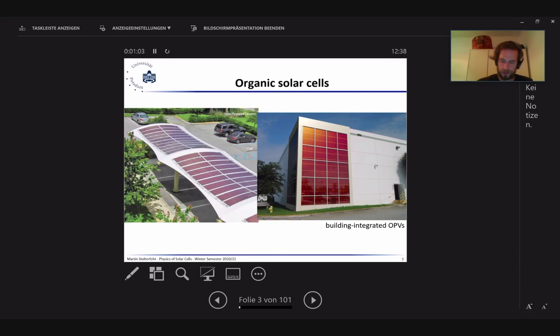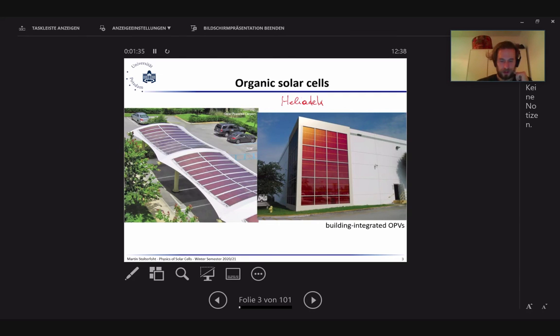So there's one company which is called Heliotech. I think this is one of the last companies remaining. I think that's a building from them, but I'm not sure. They actually made tandem organic solar cells, and 5 years back or so they had 13% efficient triple junctions, and now they have not improved it much, while the single junctions now have 18%.